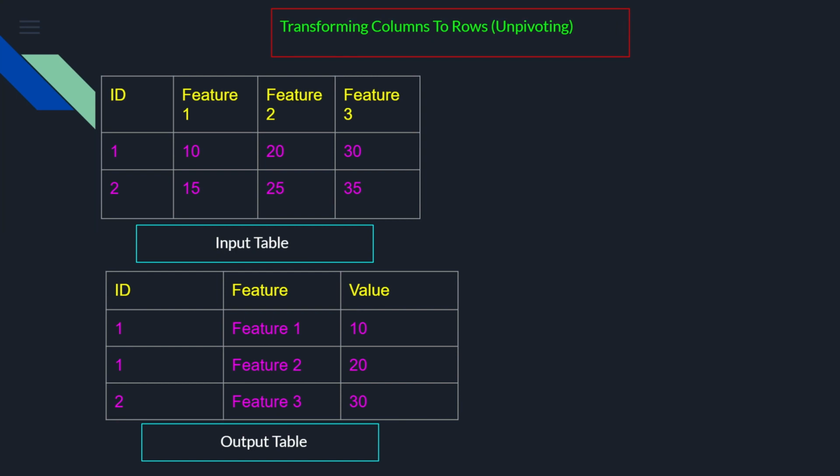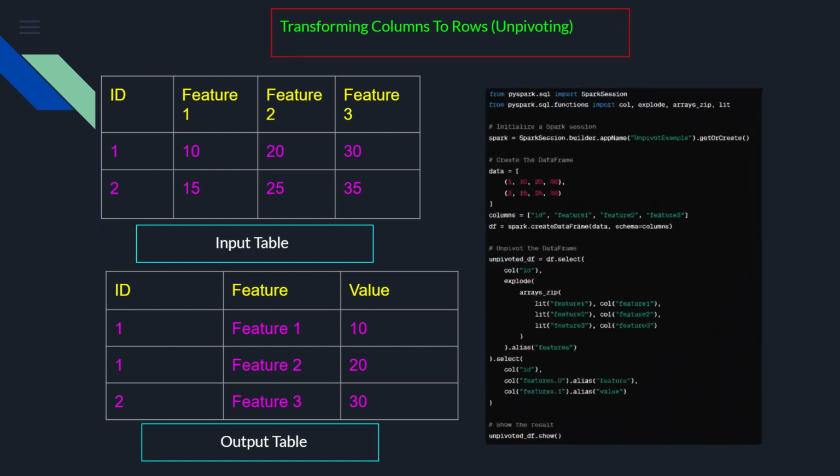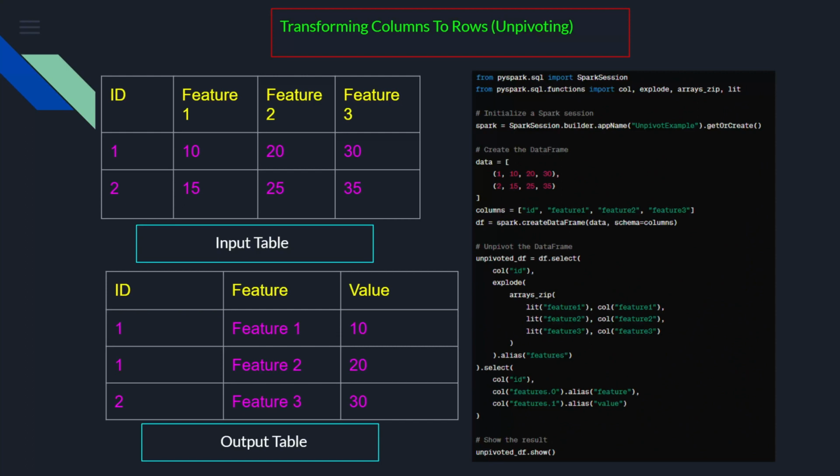This question was asked to me once only, but at that time I could not answer it. Later on, when I studied how to do unpivoting, I came to know that we can do unpivoting through Spark.